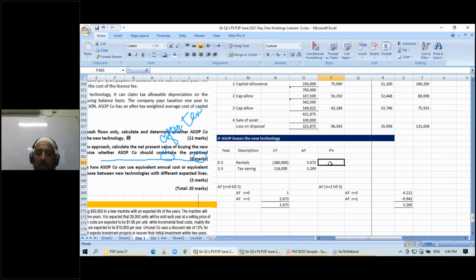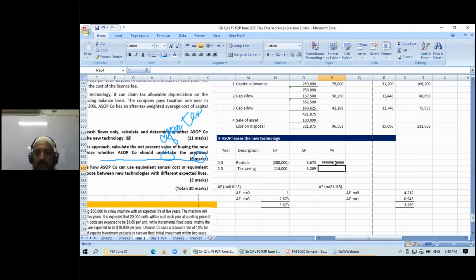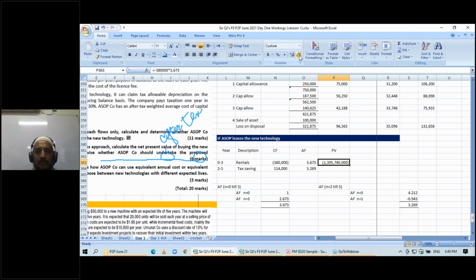So now if you multiply the cash flow 380,000 with 3.673, you arrive at the rental amount.